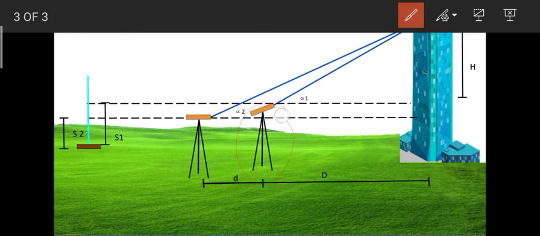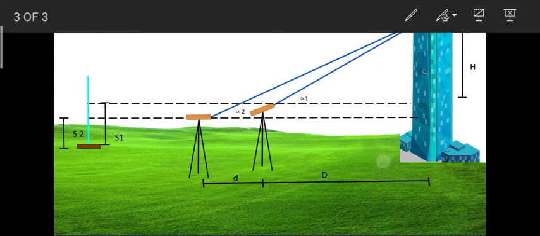This station is higher. Can you see the line of axis is in this direction here, and the line of axis of the station B is lower. That means the station A is at a higher level with respect to the station B.